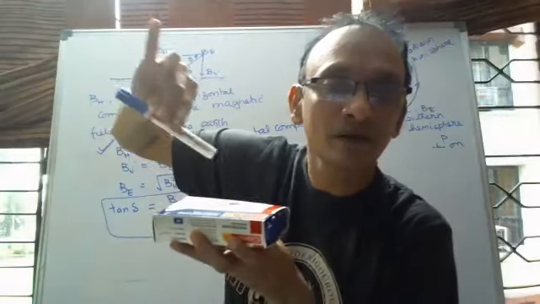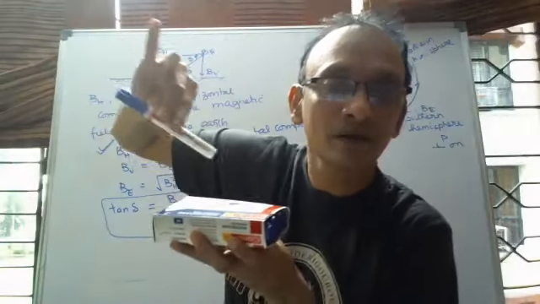At P, alpha is the angle between the geographic meridian, which is a plane ऐसा, and the magnetic meridian. ये magnetic meridian है, and is called the angle of magnetic declination.